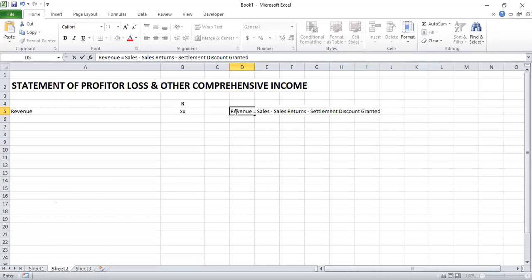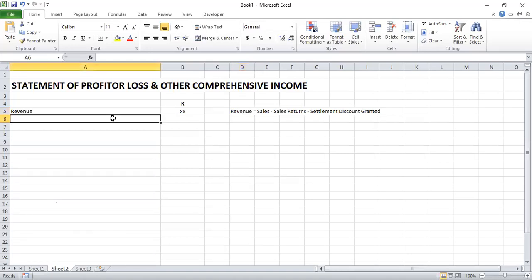Some of our sales might be retained by our clients because they were not happy. Maybe the goods were damaged, or maybe we had sent the wrong color or wrong type. Then some of them will pay in time and they don't pay the full amount. They will end up getting what we call a discount. So we also subtract the settlement discount.